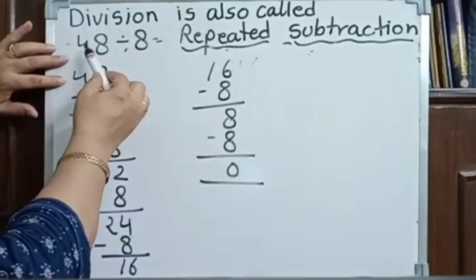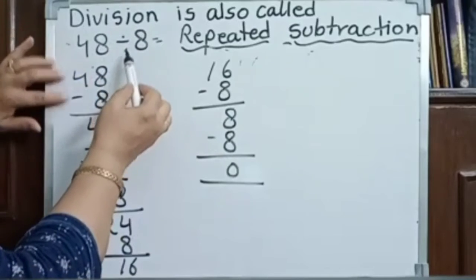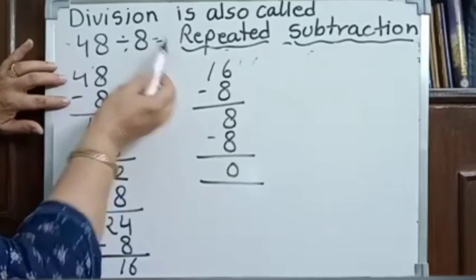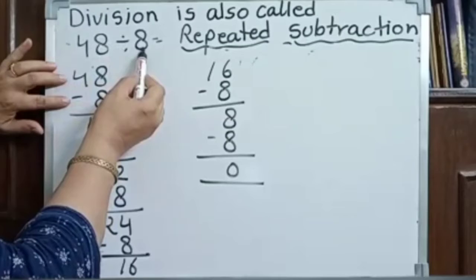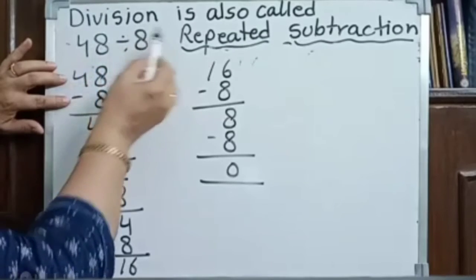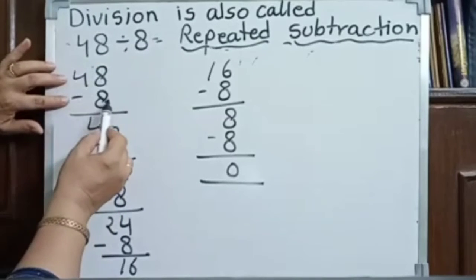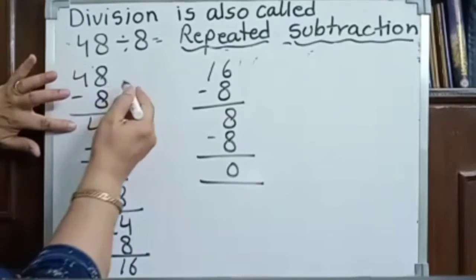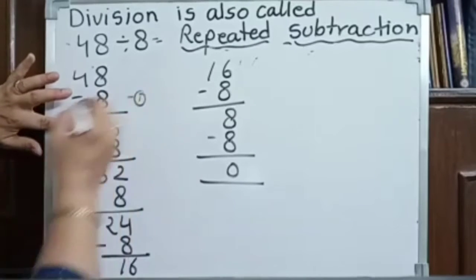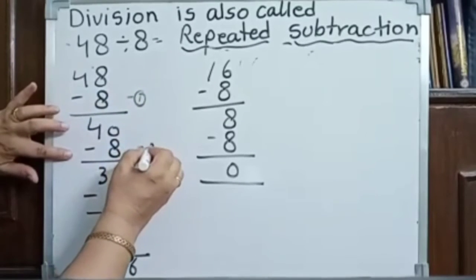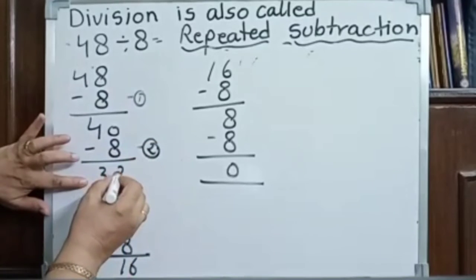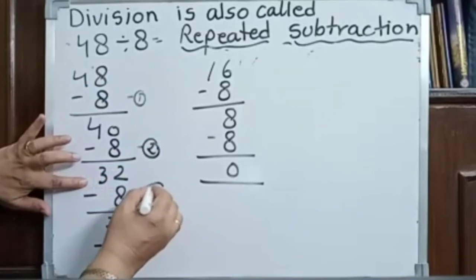Now look at here again, 48 divided by 8. What is the quotient? This is divisor, this is dividend. 48 minus 8, 40. This is 1 time. Then minus 8, this is 2 time. Then 32 minus 8, 3 time.